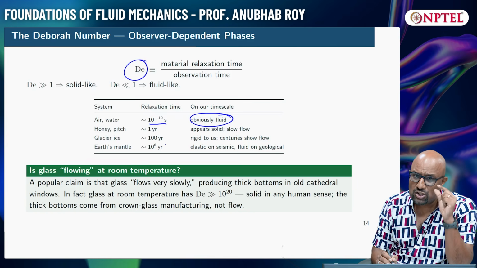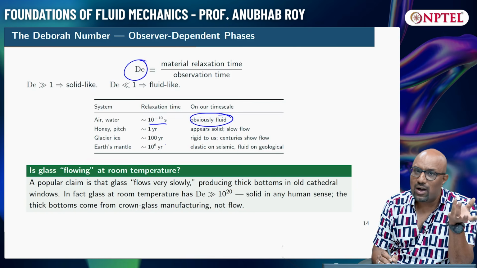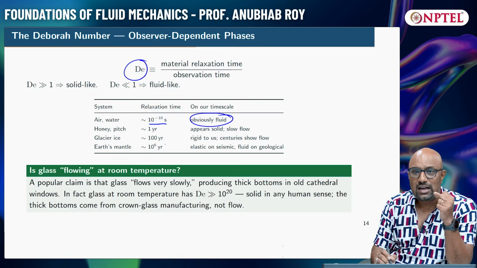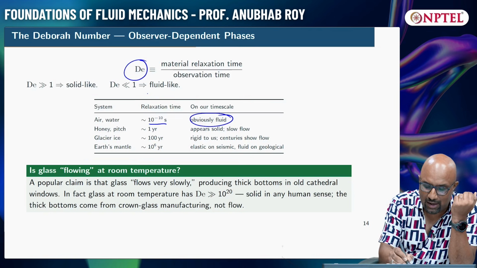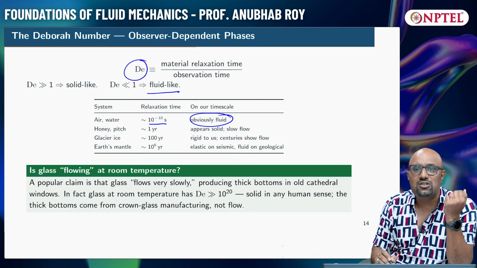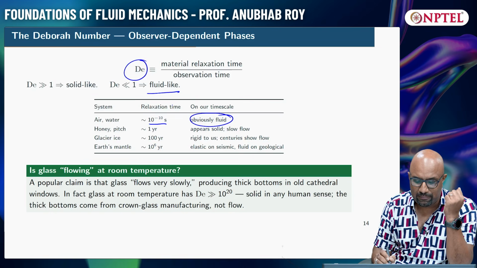So the time scale is so short that you are never going to observe a behavior that would be probing that time scale. Your time scale is much larger than that time scale. So the Deborah number in that sense is very small and you see a fluid-like behavior.